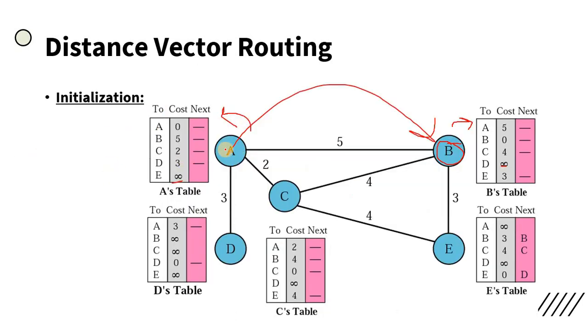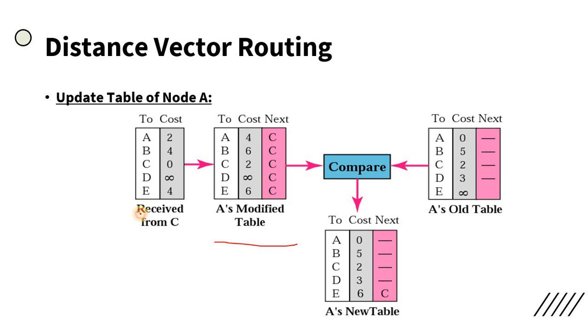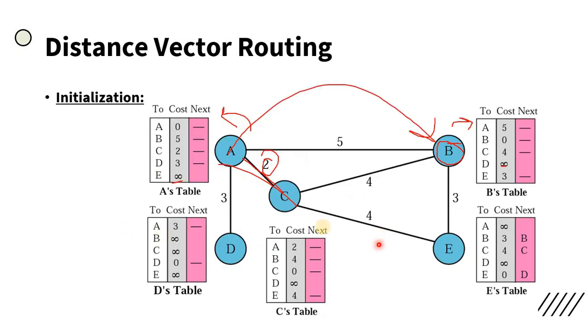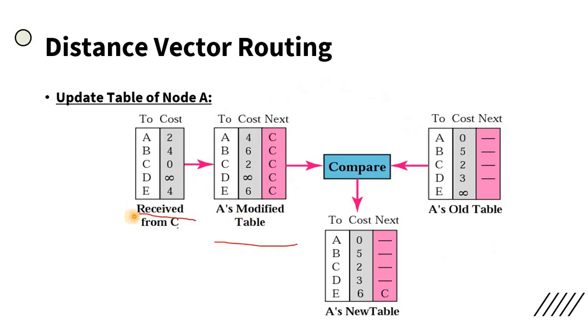Based on this figure we can see that the distance of A to B is 5, A to C is 2, and A to D is 3. So there are three main paths from A, and the minimum distance is 2. So the packet chooses this route from A to C. So when the packet is received at C, this is the vector table, or the routing table, of C.